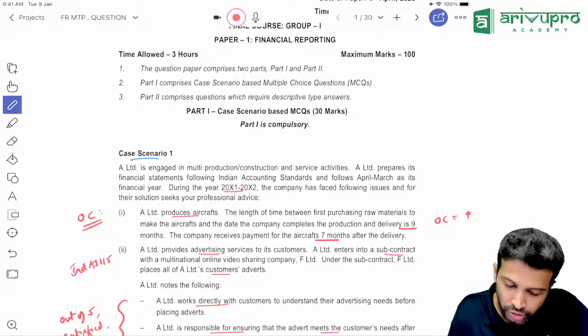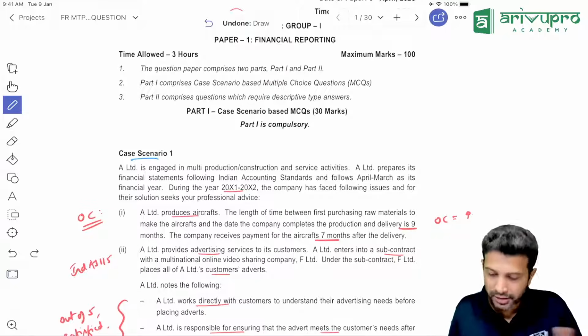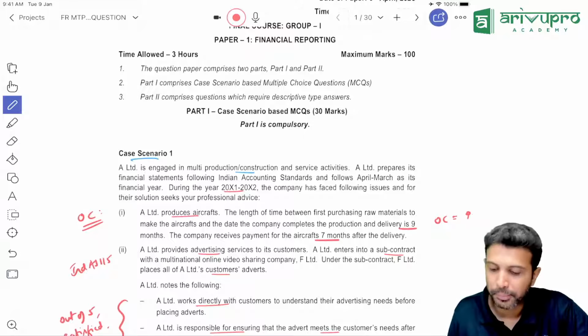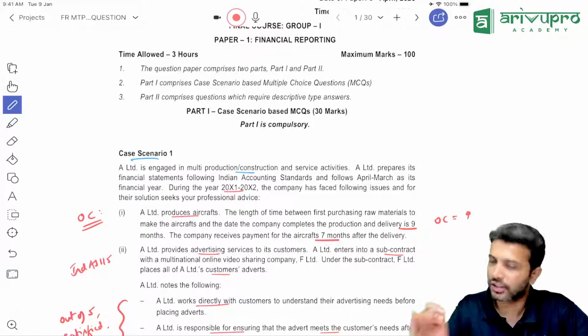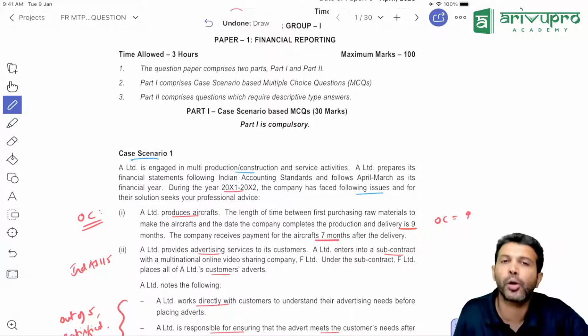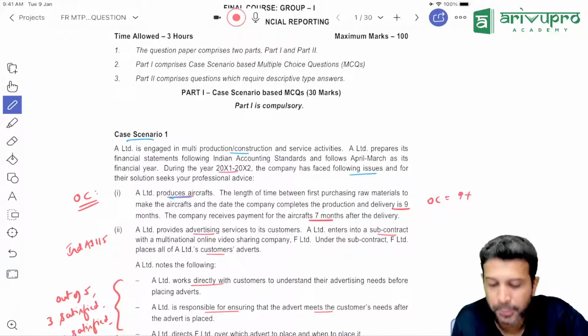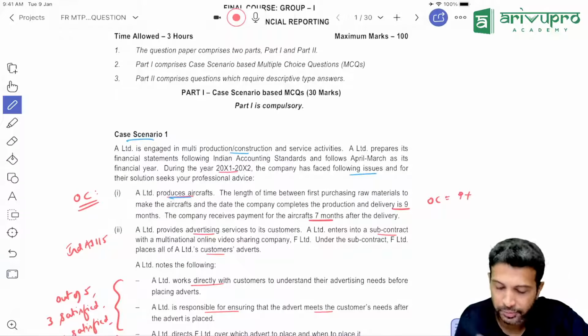First question is based on operating cycle. Targeting that concept, they've given this. A Limited is engaged in some production, some service and construction service. During 20x1-x2, the company has faced the following issues and needs your professional advice. A Limited produces aircraft. So we are aircraft manufacturers.